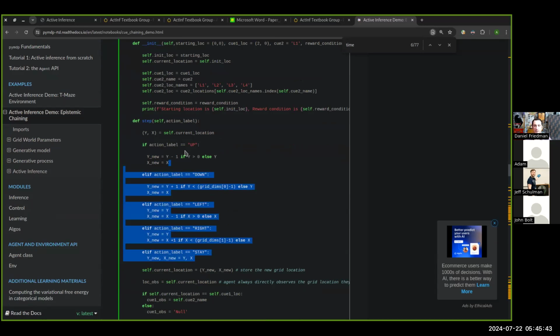So this begets a question like, how does the agent come to know the structure, the consequences of its action? That's not addressed in this notebook, but it's like playing a video game where you were used to having up on the joystick move you forward, but now you're in an inverted mode where it moves you backwards.